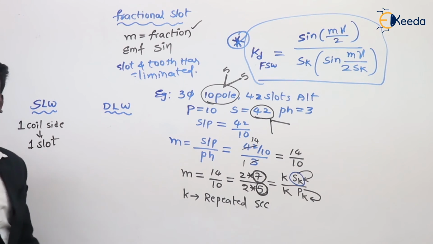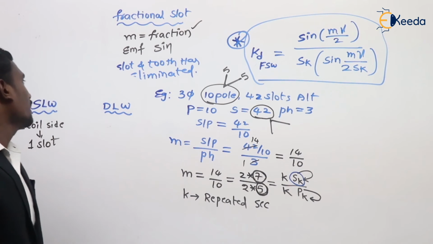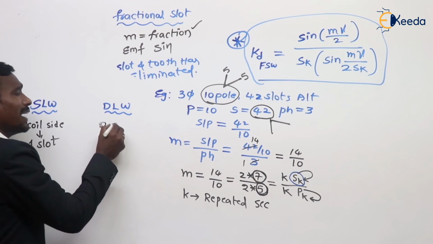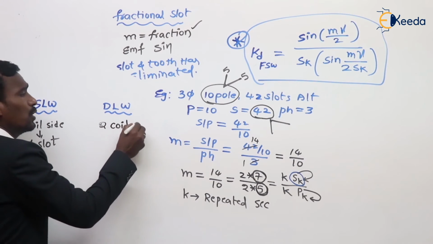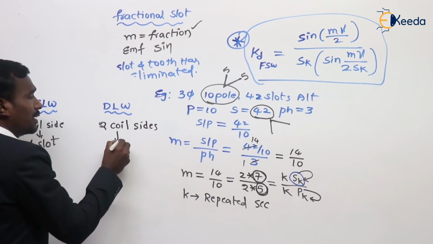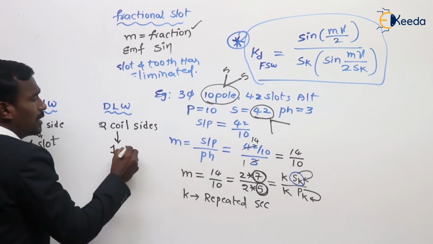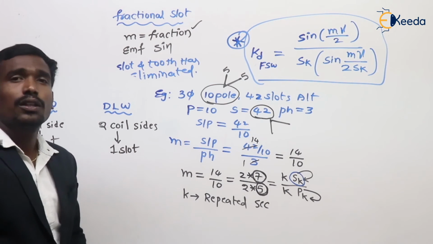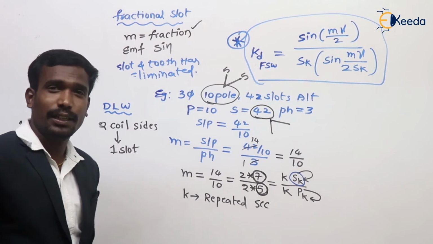If two coil sides are placed under one slot, that is called double layer winding.